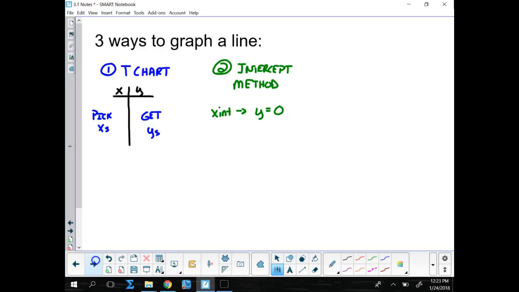And my y-intercept is where x is equal to 0. So this is some number comma 0, and this is 0 comma some number, which are 2 points. You really only need 2 points to make a line.